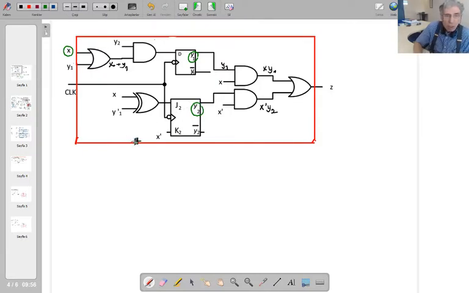But capital Y1, capital Y2, these are not independent variables. You've got to pay attention to that.